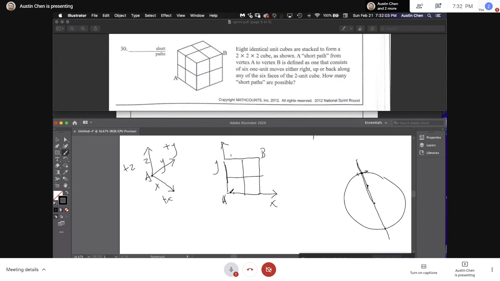So you can think of our path as a path on our 2D xy graph. But we need to include 2 upward z moves somewhere along this path, because we need 2 positive z moves to get to B.